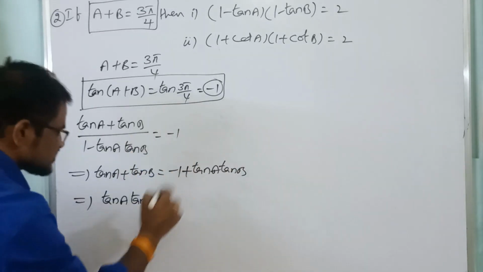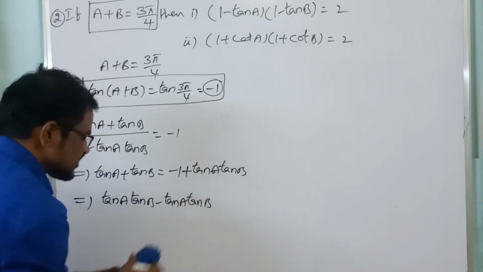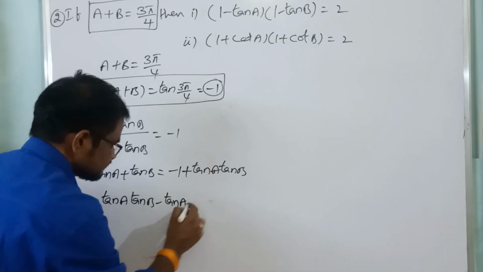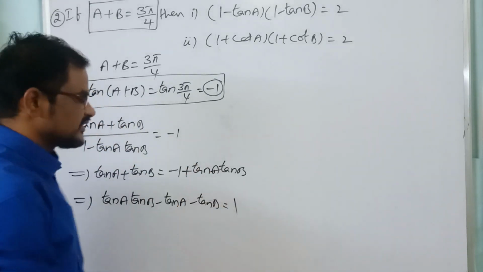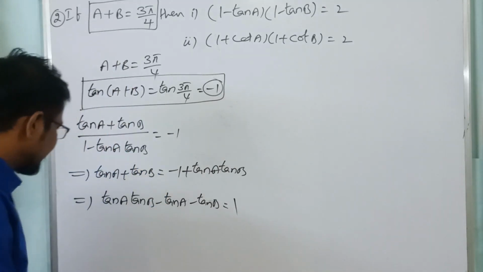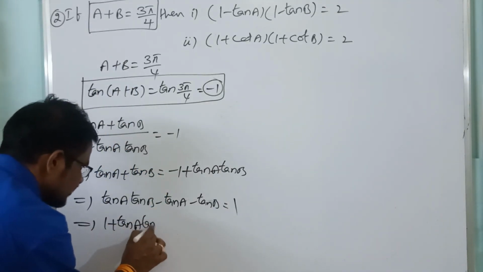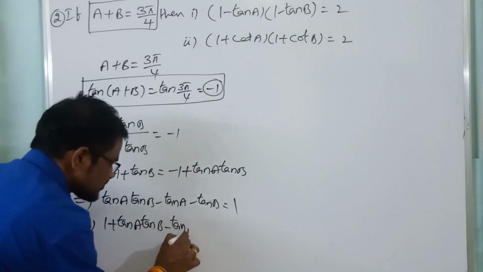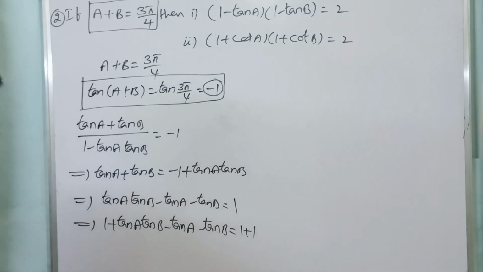That is equal to tan A tan B. These two I will take to that side, meaning minus tan A minus tan B. And minus 1 brought to this side, we get plus 1. Adding 1 on both sides: 1 plus tan A tan B minus tan A minus tan B equals 1 plus 1.